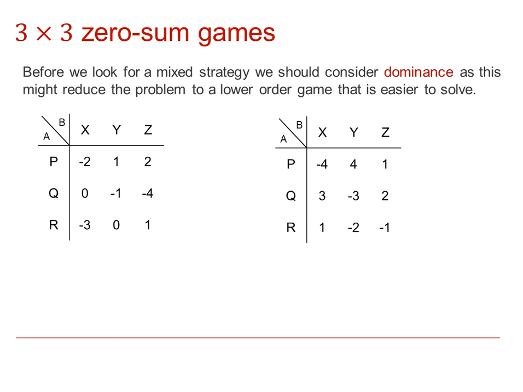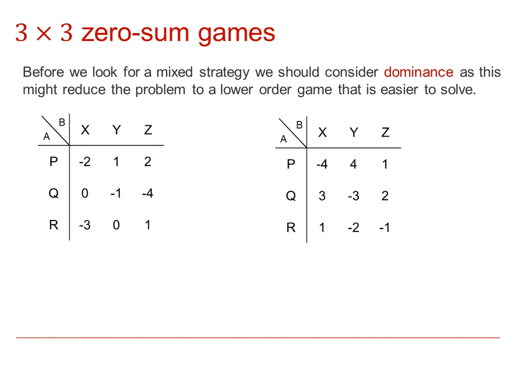The final step before we go on to look at the mixed strategy is to see if there's any dominance involved in these games. By dominance we mean, is there one row or column which is always going to be better for player A or player B?